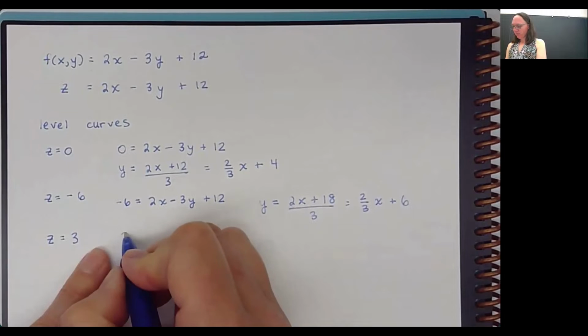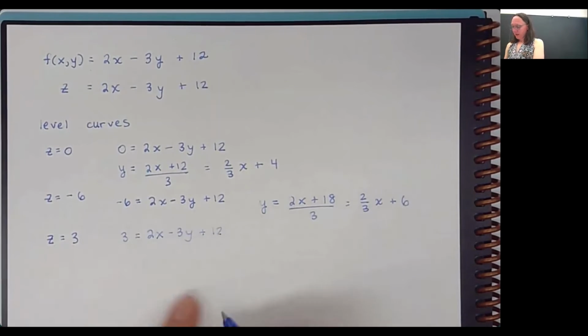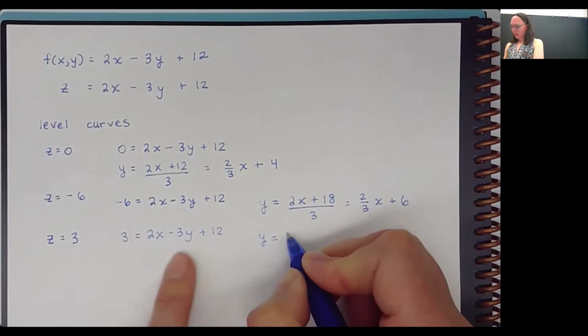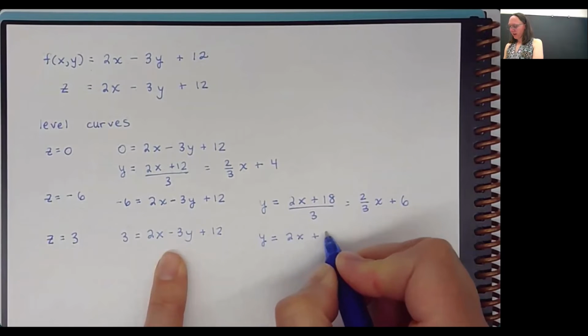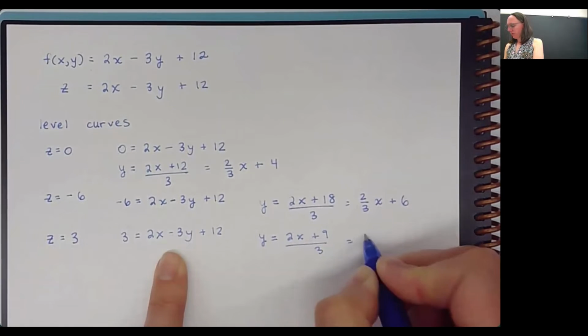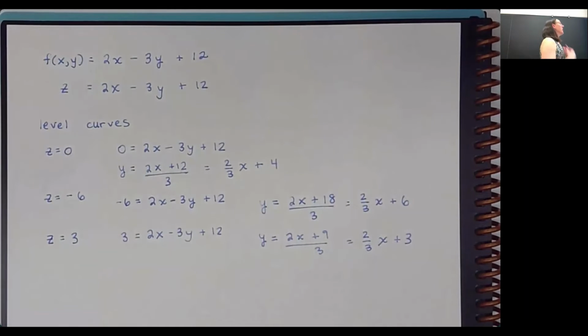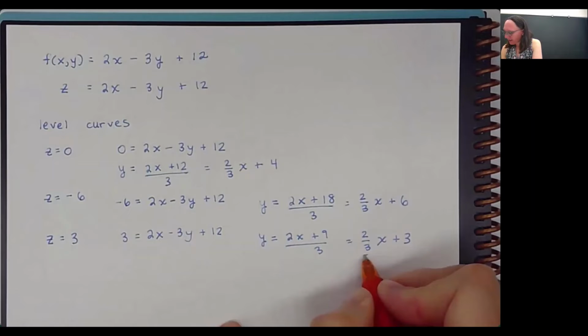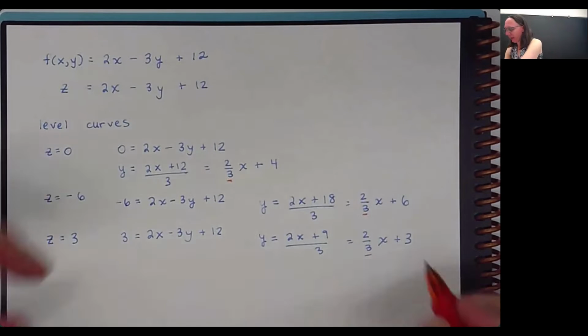And for z equals 3, I've got y equals 2x plus 9 over 3, or 2/3 x plus 3. One of the important things to note about all of those line equations is that they all have the same slope, which means these level curves are a set of parallel lines.